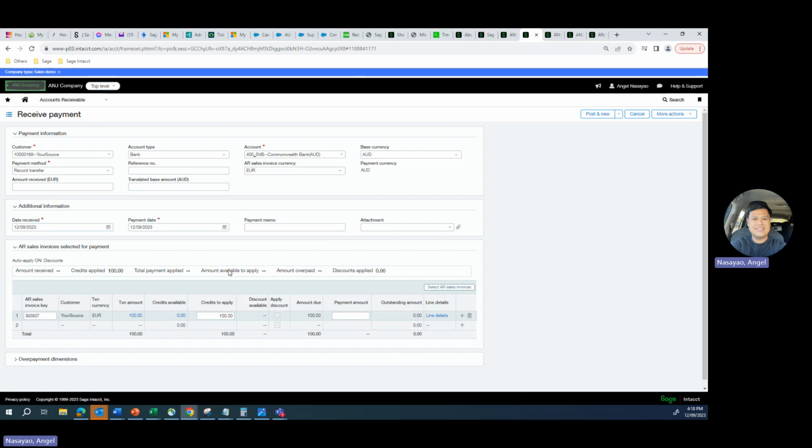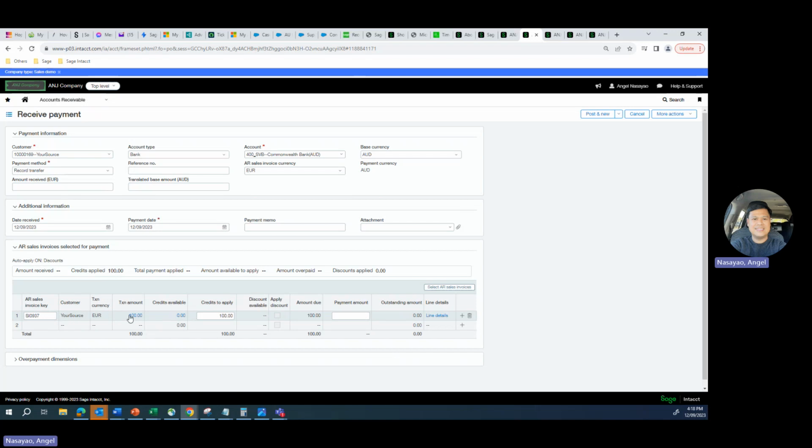So credit to apply, credit available is already being applied there, and if I click on post, yeah, just applying it basically. I shouldn't be selecting anything here at all. So this is the process: receive a payment just primarily to offset the credit to the AR invoice.